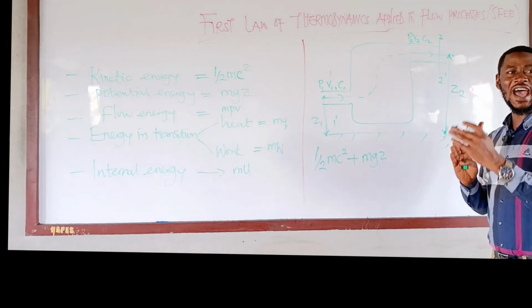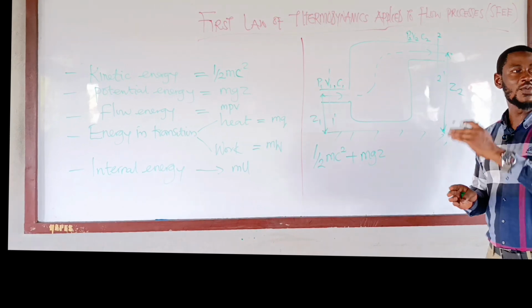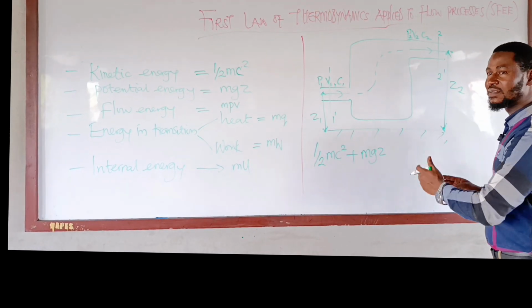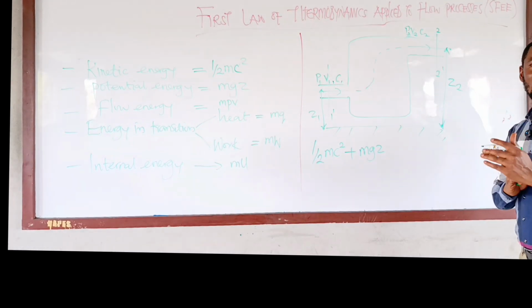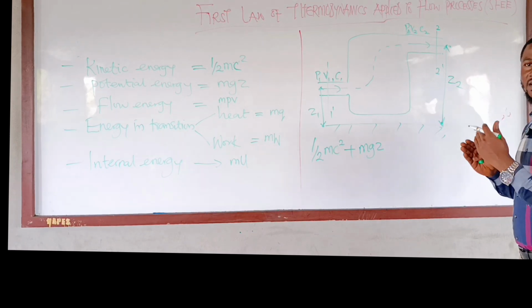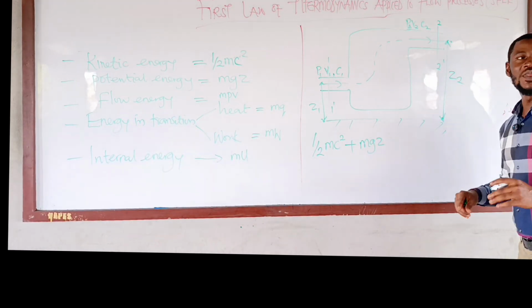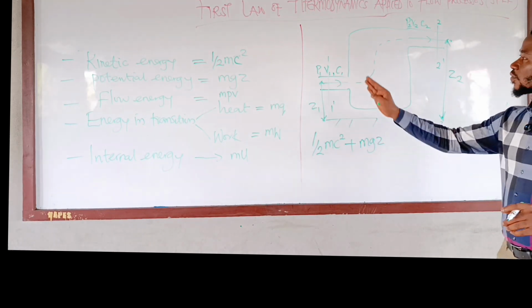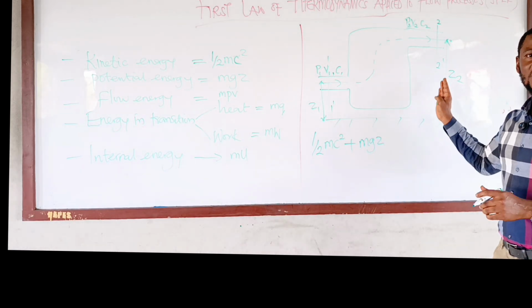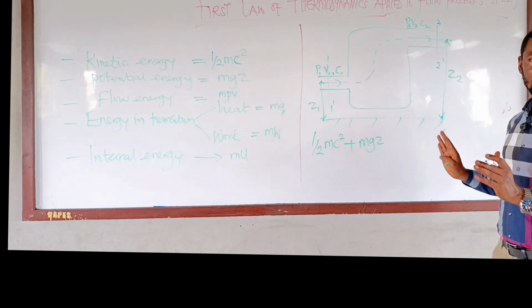Now we need to write the steady flow energy equation at state 1 and state 2. State 1 is the one that is entering, while state 2 is the one that is leaving the system. So at this level, the mass flow rate at point 1 is the same as the mass flow rate at point 2.